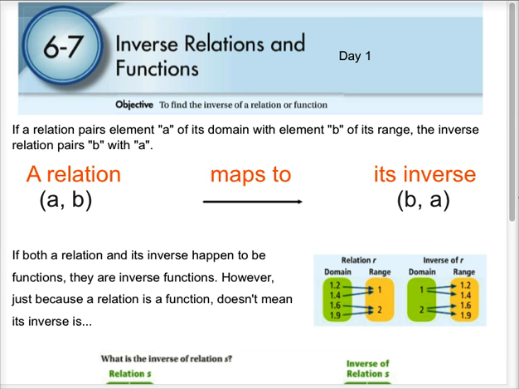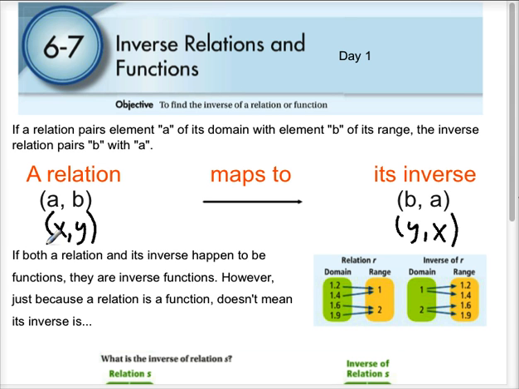Now, what this means is if a relation pairs element A of its domain with element B, so basically x and y, the inverse pairs B with A. So essentially, if we have an x and y in the relation, those numbers would flip in its inverse.